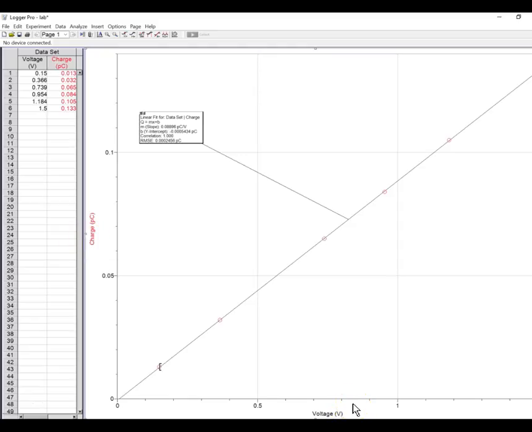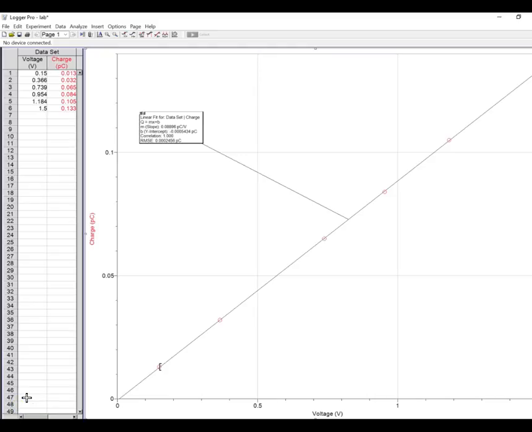And so from this graph, we can then think about what capacitance is. You see, the higher the voltage we have, the higher the charge that we can distribute across each plate. The capacitance remains the same for the capacitor. The capacitance is really the slope of this graph.